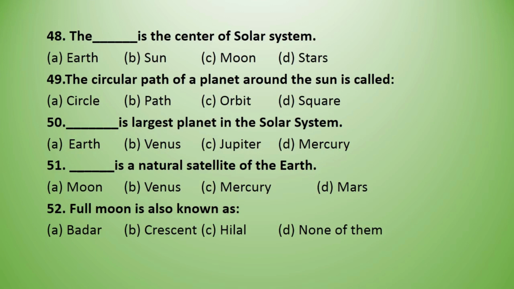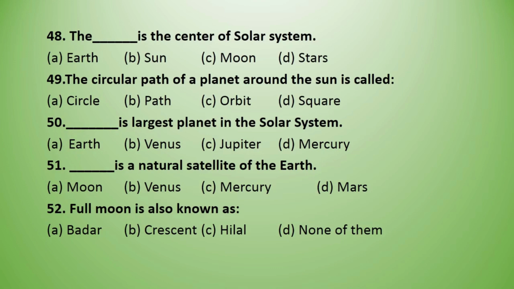51. ___ is a natural satellite of the Earth. A. Moon. B. Venus. C. Mercury. D. Mars. Answer is A. Moon. 52. Full moon is also known as A. Badr. B. Crescent. C. Hilal. D. None of them.